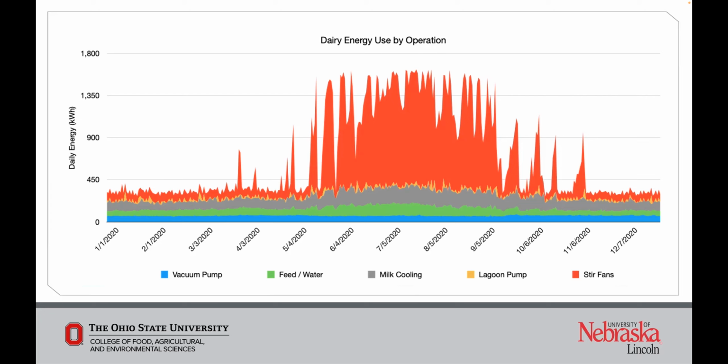And so you'll start to notice that some of this stuff we've aggregated for simplicity purposes, so we can make sense of the data visually in this chart. But the feed and well pump are on the same circuit that we have monitored there. We combined our vacuum pump operations and the milk cooling and the stir fans as well, so that we can look at it from a ventilation standpoint versus manure pump, milk cooling.